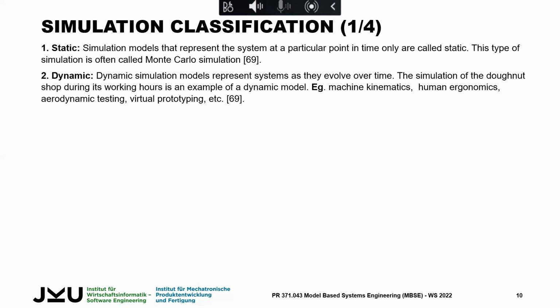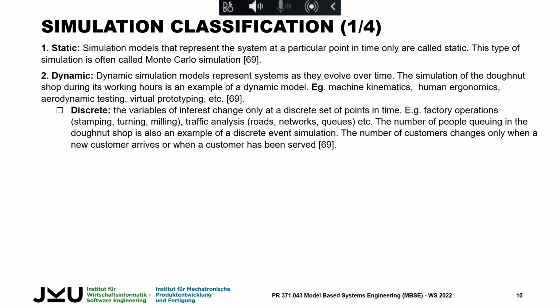Dynamic simulation: normally most of the time we are doing dynamic simulation, where over time the system function or system behavior change is simulated. This is the difference between static and dynamic, and I will also show there are some subcategories of dynamic simulation.